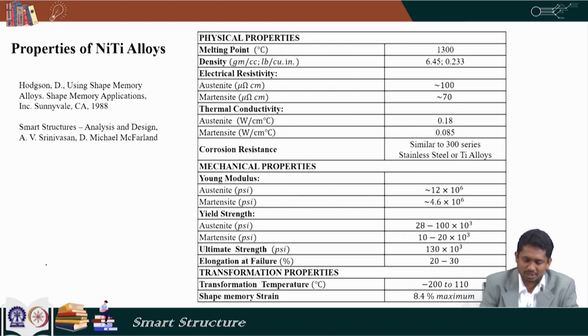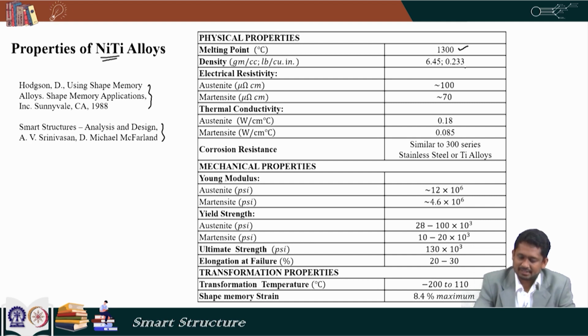Now we will look into some of the properties of one of the shape memory alloys, which is nickel titanium alloy, nitinol. These properties can be found in this article, and they are also present in the book by Srinivasan and McFarland. The melting point of these alloys is around 1300 degrees centigrade. Density is 6.45 grams per cc.